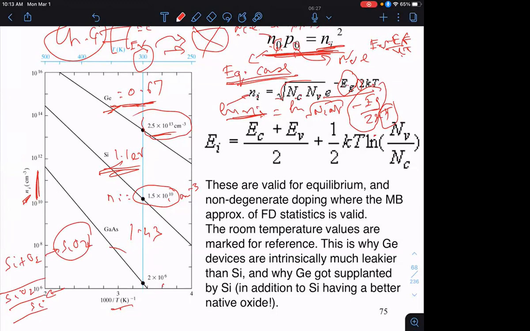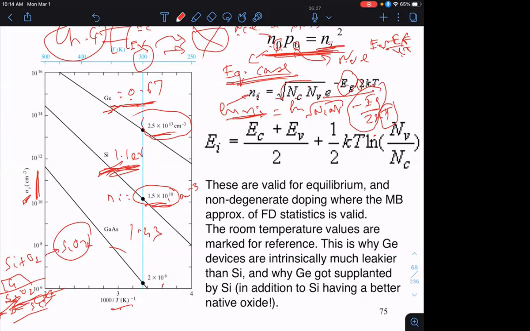And based on that, you can make things like MOSFETs on silicon, where you can make a gate, source, drain, with a very nice interface in between. So those are the 3 reasons. Silicon is more plentiful and cheaper. The higher band gap gives you a lower intrinsic carrier concentration. And then in chapter 6, we'll see you get a better interface with silicon dioxide. That's why silicon is king in terms of microelectronics.